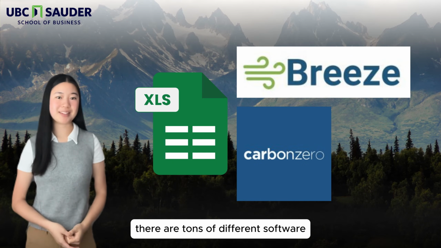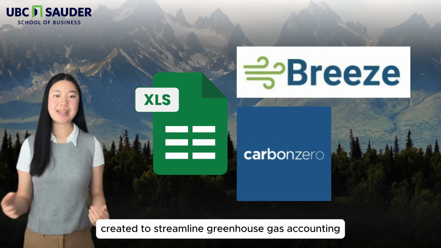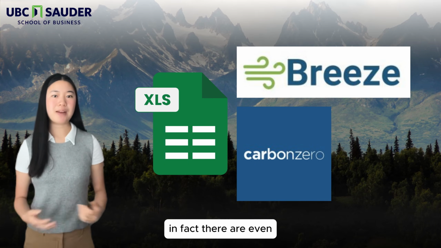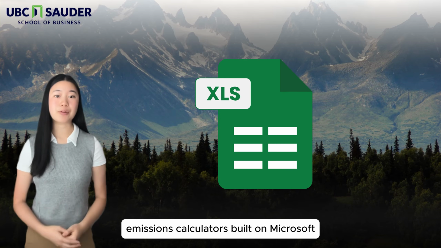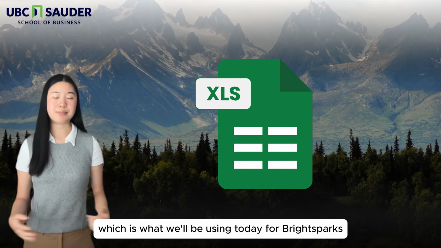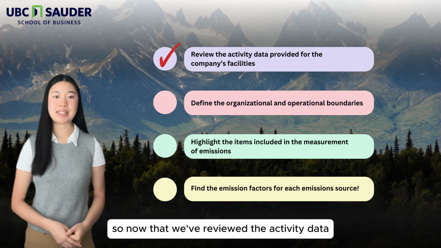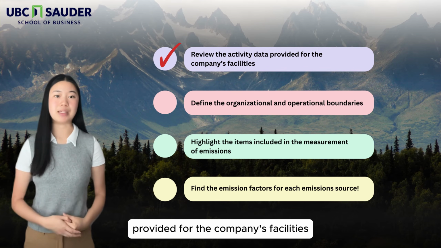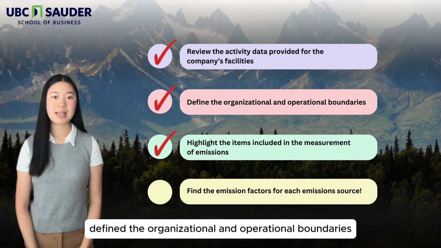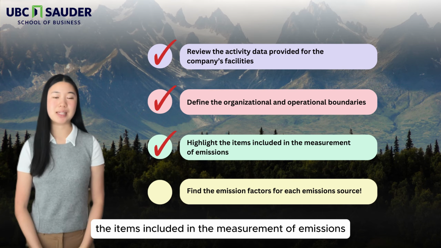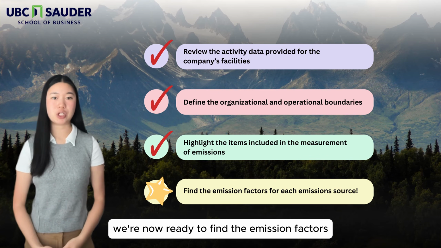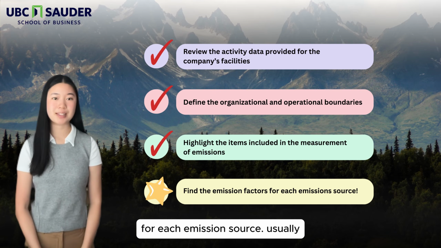There are tons of different software and platforms out there created to streamline greenhouse gas accounting. In fact, there are even emissions calculators built on Microsoft Excel spreadsheets, which is what we'll be using today for BrightSparks. So now that we've reviewed the activity data provided for the company's facilities, defined the organizational and operational boundaries, and highlighted the items included in the measurement of emissions, we're now ready to find the emission factors for each emission source.